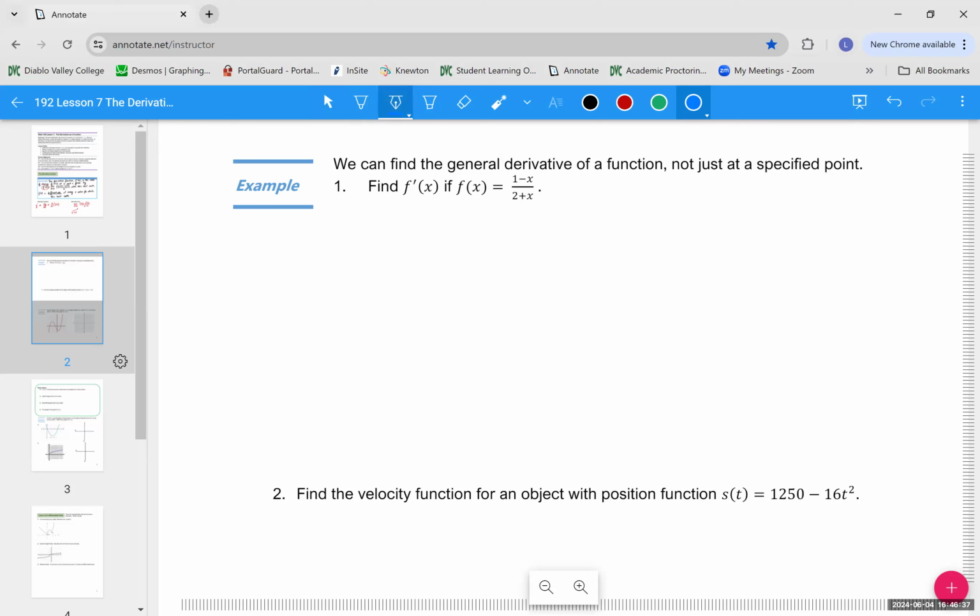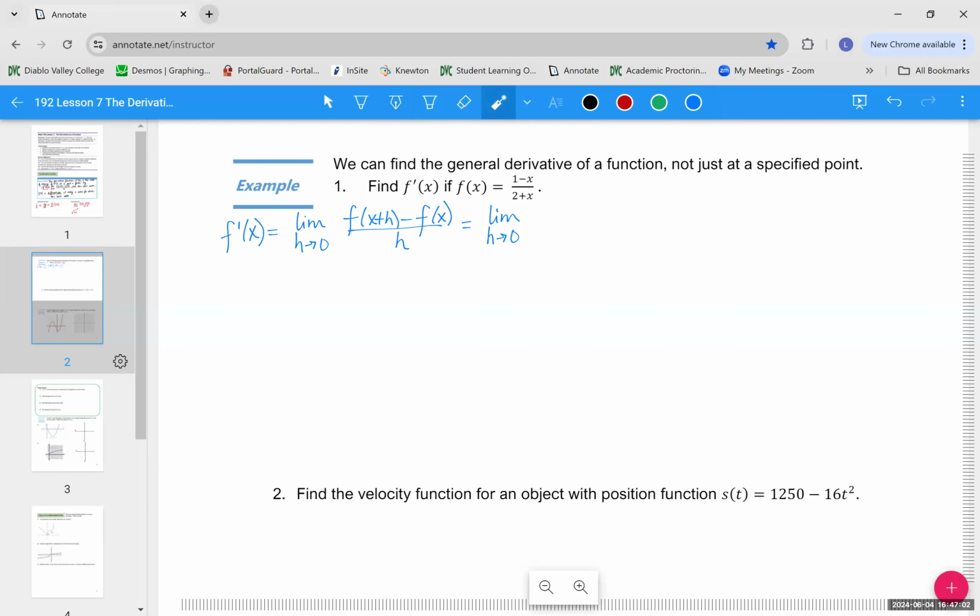So we'll start with this function here. f of x is 1 minus x over 2 plus x. And f prime of x will equal the limit as h approaches 0 of f of x plus h minus f of x, all over h. So in that first step, keep in mind what you're doing.